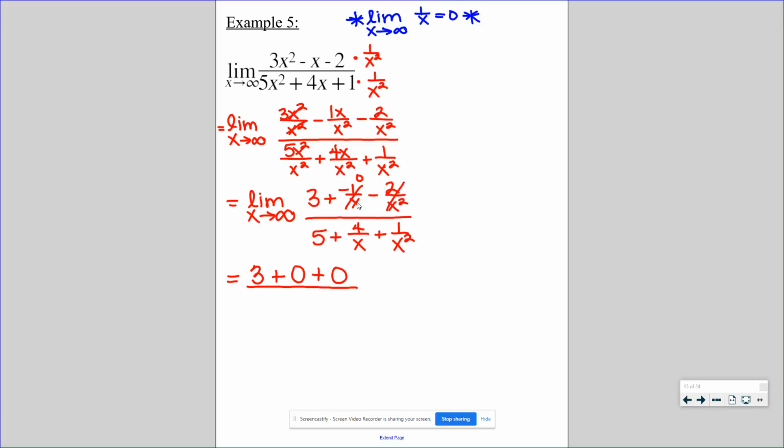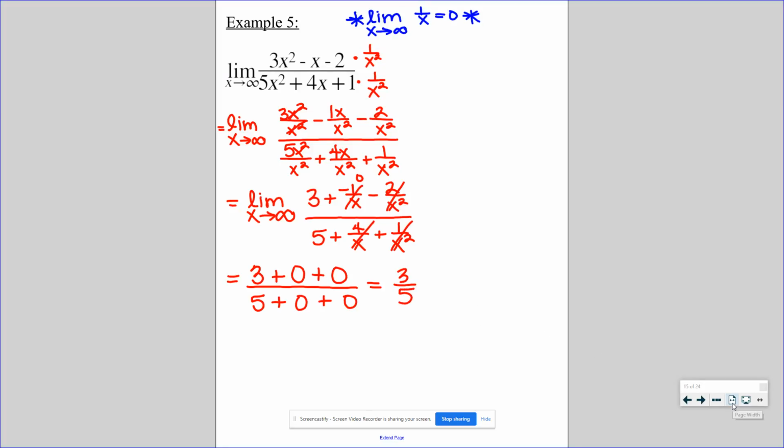So if you look, anytime you have a whole number on top and a variable on bottom like x or some variation of it, that limit is going to go to 0 if you're plugging in an infinitely large number. So you're going to end up going through your limit process and getting a bunch of zeros in it, which is kind of what we want because we want to get something that's computable. So if I simplify this down, I'm going to get a limit that's just equal to 3/5.